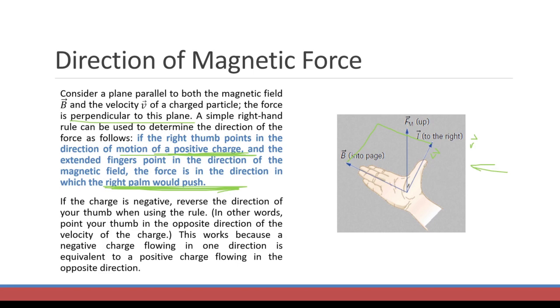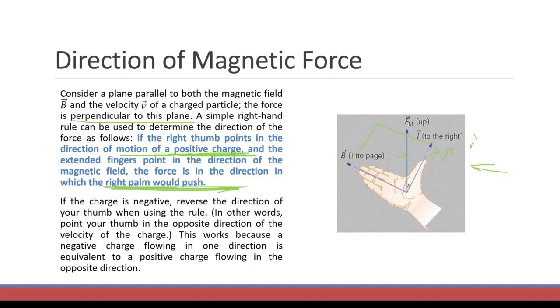Our right hand, our fingers are pointing to the direction of the magnetic field B, and the right thumb points in the direction of the motion of a positive charge, which is going this way. Then pushing upward, you can see how the palm would follow this arrow. It would go perpendicular to the palm and up.